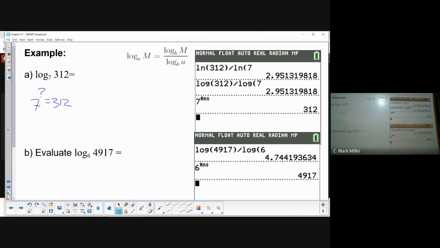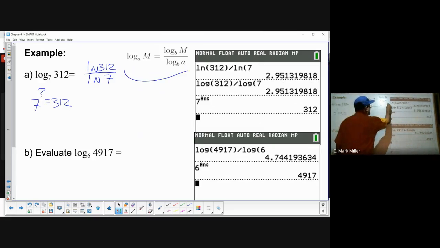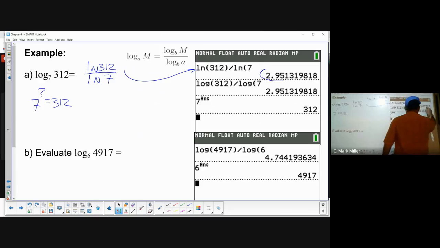So this is going to equal natural log of 312 divided by natural log of 7. This is as far as you can go without a calculator, right here. I'll never expect you to know how to get those without a calculator. I don't know how to get them without a calculator. I can get close. But the answer to part A is 2.95.